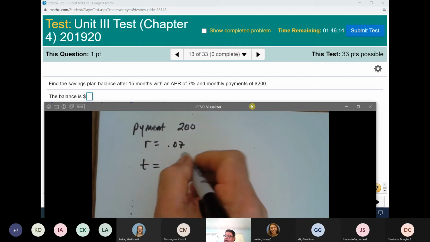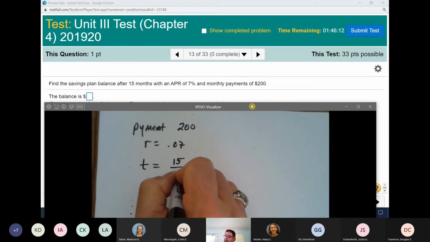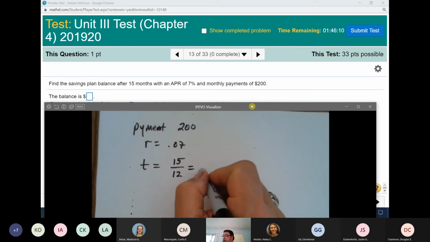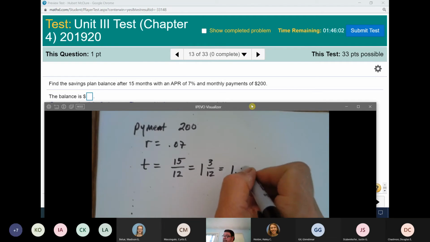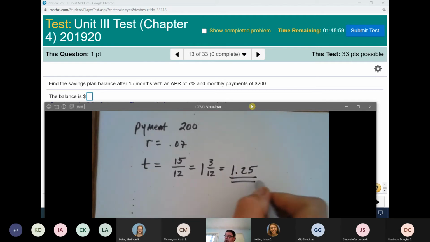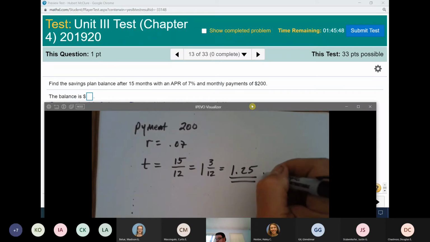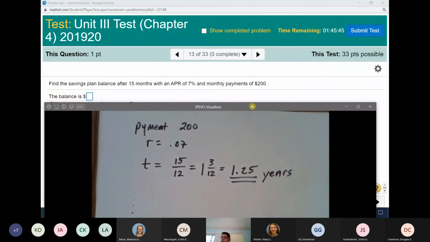What is 15 months? 15 over 12, which is equal to 1, and 3 over 12, which is equal to 1.25. So T is equal to 1.25. Remember, what does T always have to be in? Years. It always has to be in years, always. And N is equal to 12 because it says monthly payments.